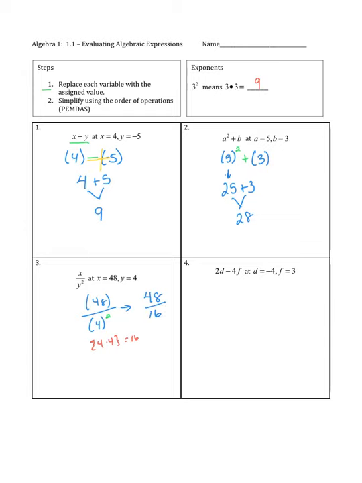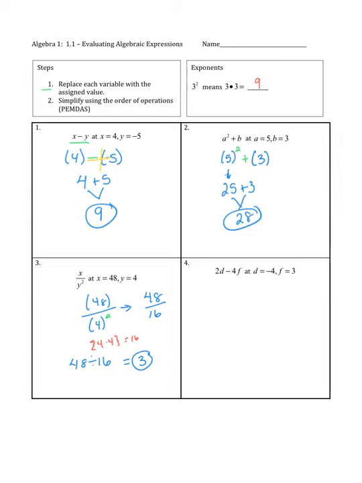Now, do you remember what kind of mathematical operation a fraction is? You guys shouted it out again. It's division. So that's just like saying 48 divided by 16. 3. I'll circle all my answers. Okay, so x divided by y squared, when you've got x is 48 and y is 4, is 3.